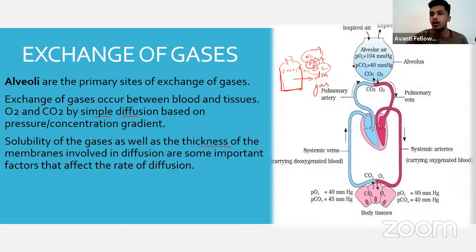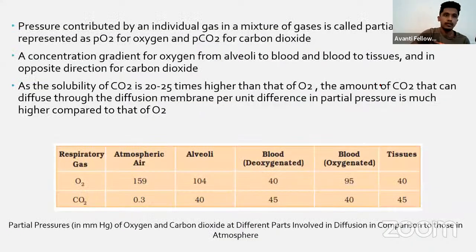Now the walls of the alveoli and the walls of these blood capillaries create a membrane, and this membrane is called the respiratory membrane. The thickness of the membrane is very important to affect the rate of diffusion, that is, at what rate gases move between alveoli and blood or blood and alveoli. So let's see what happens. When we talk about individual gases, their concentration will result in an increase in partial pressure.